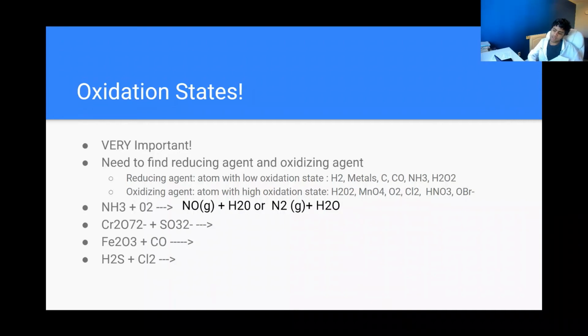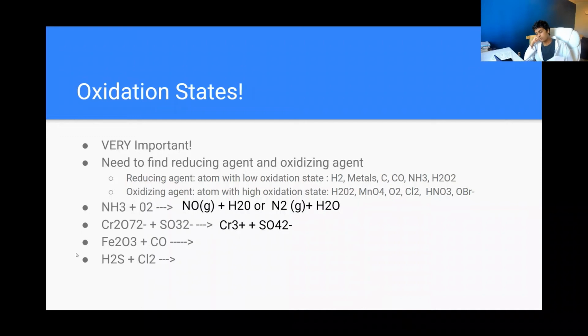So as sulfur gets oxidized into a higher oxidation state, the chromium gets reduced, forming the Cr3+ cation. So we can see that the chromium gets reduced and the sulfur gets oxidized in this reaction.